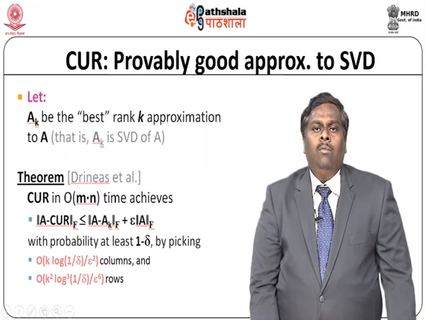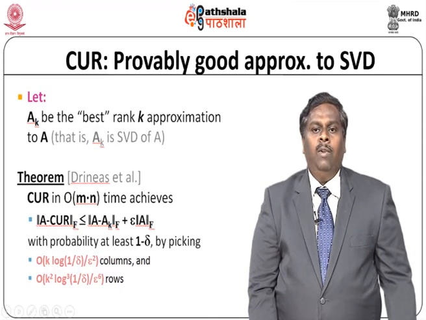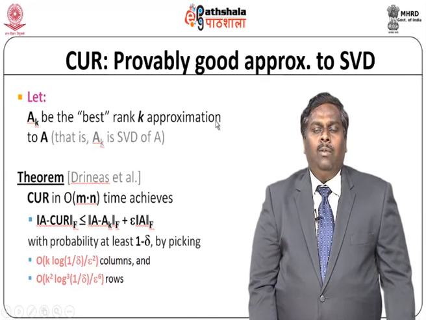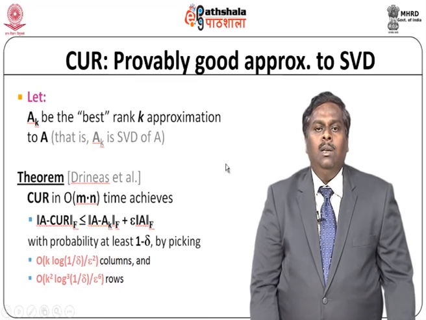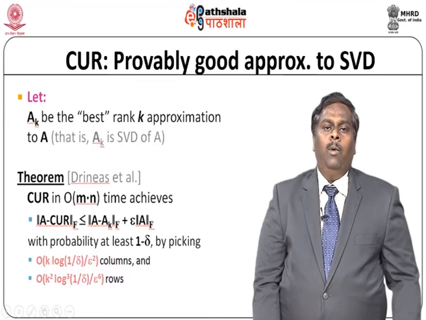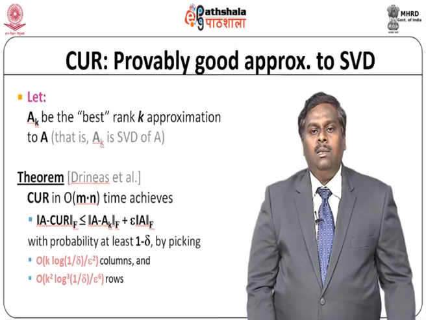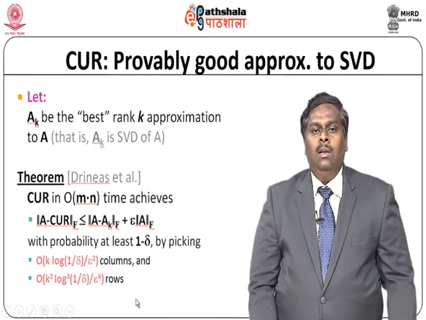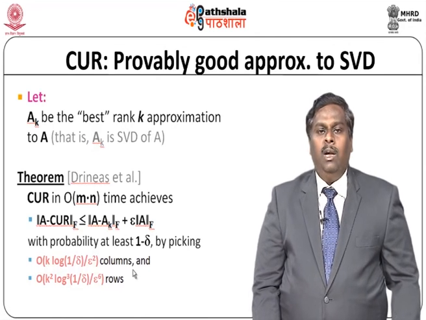Now, we will have to understand how CUR proves to be good when compared with SVD. The main objective is, given an input matrix A, to identify which provides a better approximation. Better approximation here means the difference between the original matrix and the reduced dimensions must result in the actual original matrix.